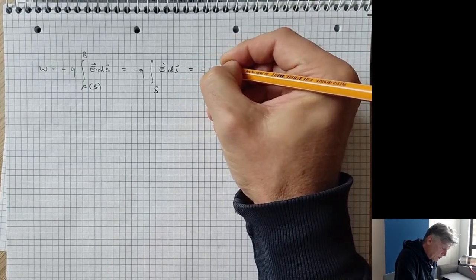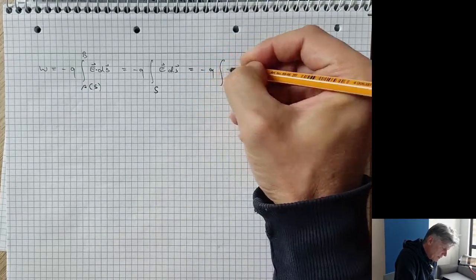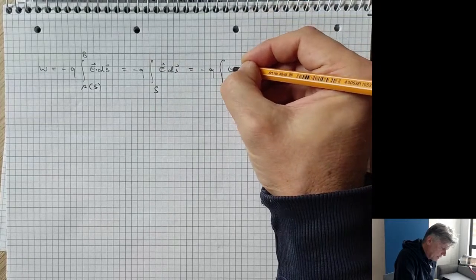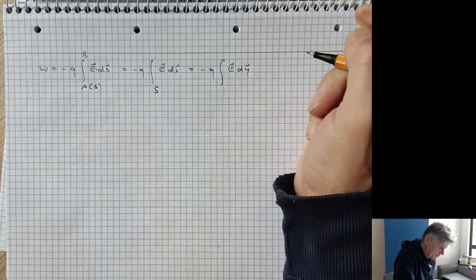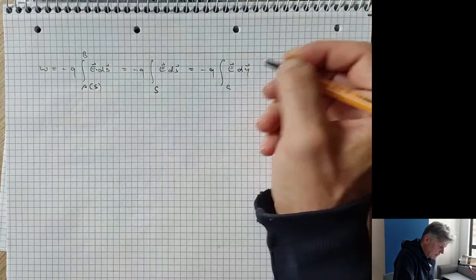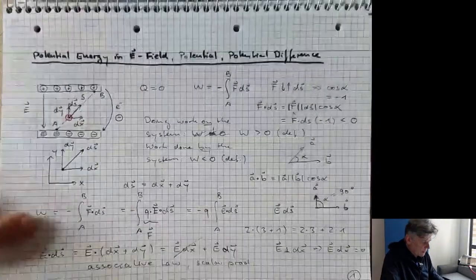So, from the geometry we discussed, this can now be simplified to E along dy, along the path. Now the question is, what is the path S?